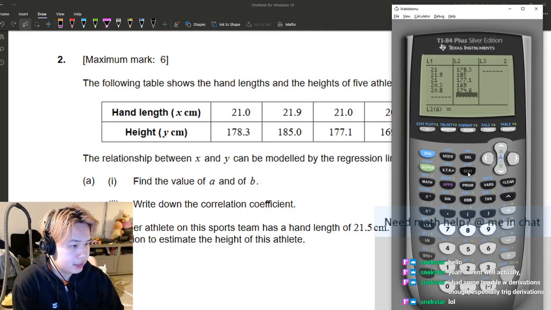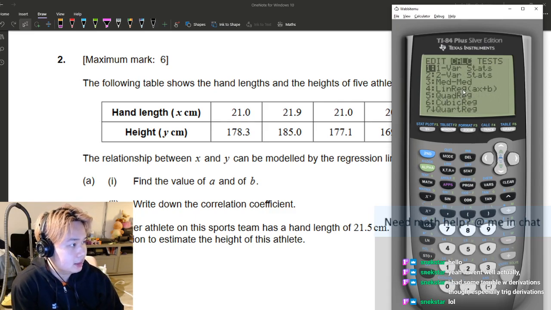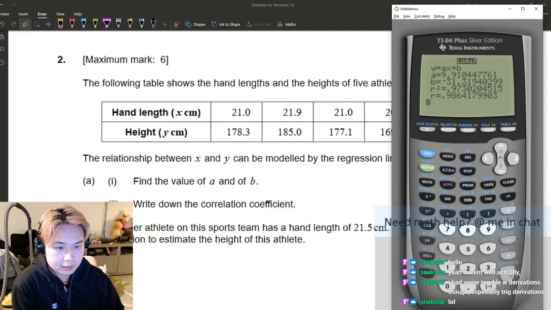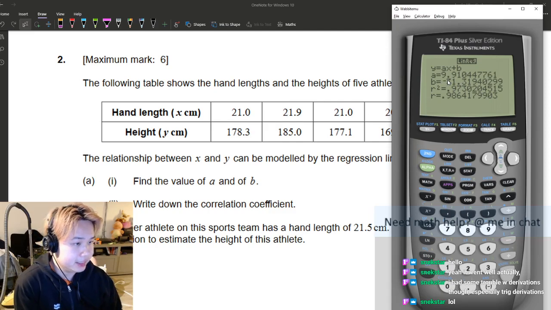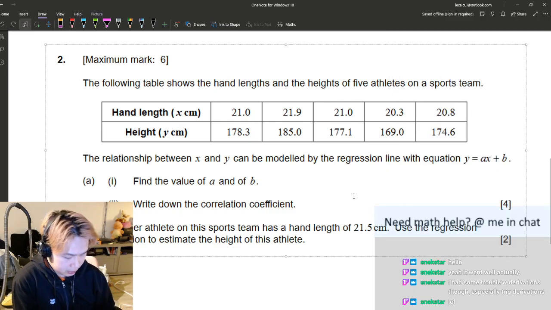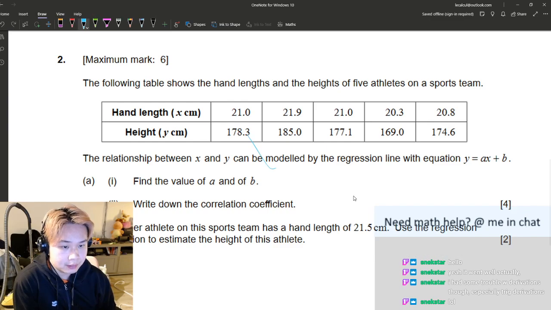Okay, so then now we can go back to stats and then calculate the linear regression. So here are my coefficients. A is 9.91, B is negative 31.3.